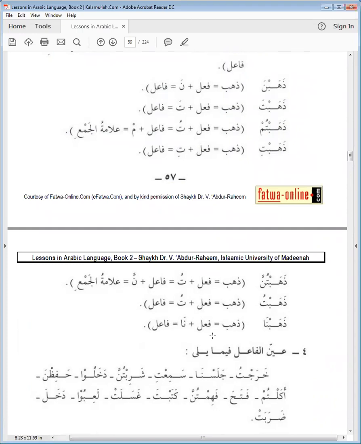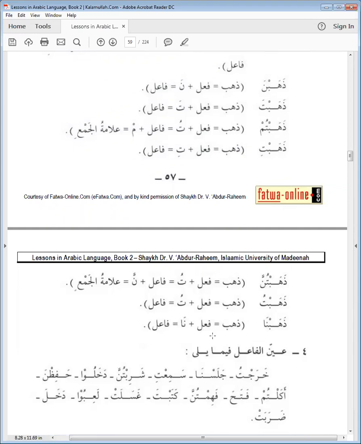Any issues with this? Anybody don't understand this? So it's a basic formula. You have a root verb. As I said, in Arabic most verbs go back to three root letters. So let's remember that we have a building block or base of three root letters, and onto that we add letters depending on the context.